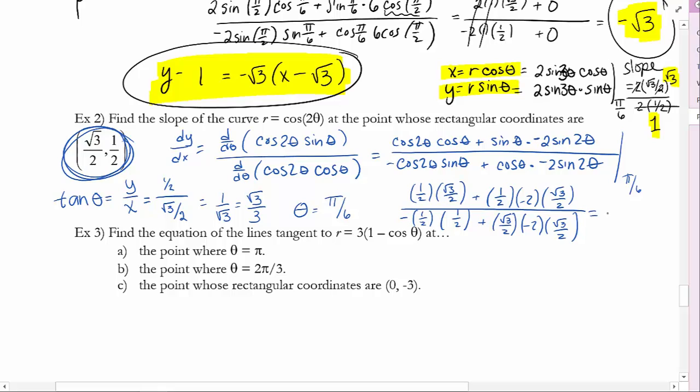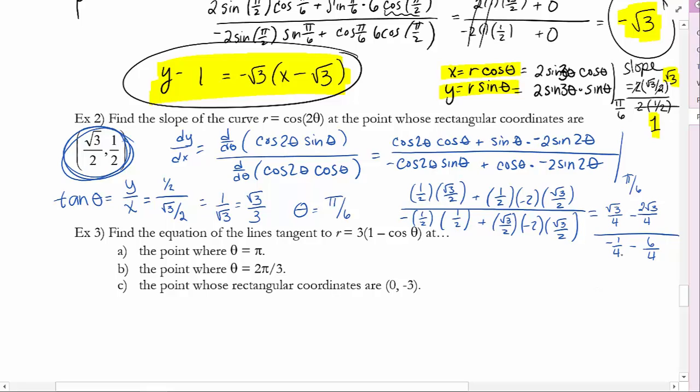If this were free response, we just leave it like this and walk away. But let's, for the sake of argument, say it's not free response and you've got to simplify it. So I have root 3 over 4 minus 2 root 3 over 4. And on the bottom I have negative a fourth minus, let's see, what's that going to be? 6 over 4.